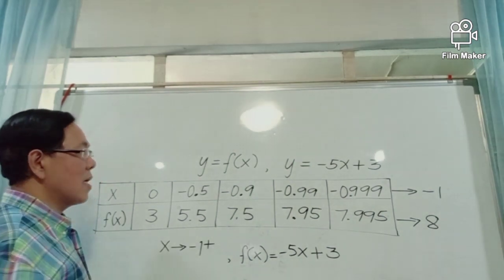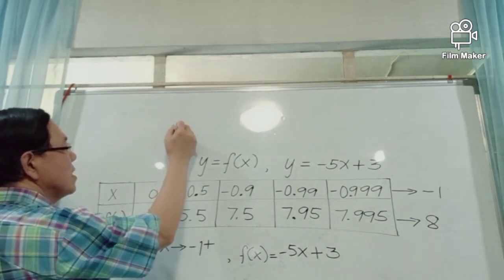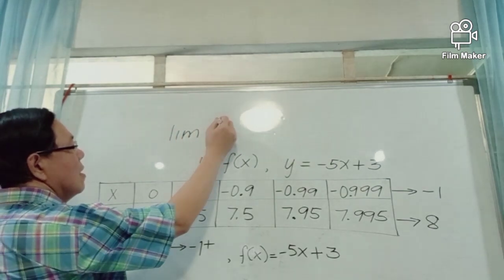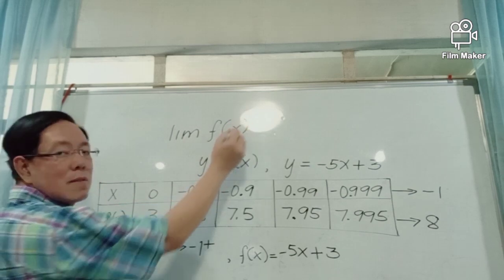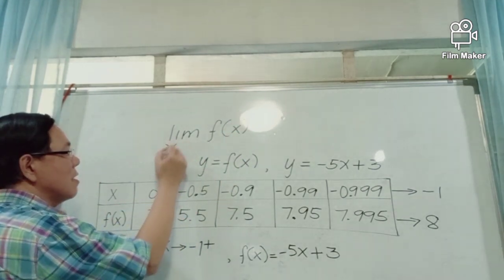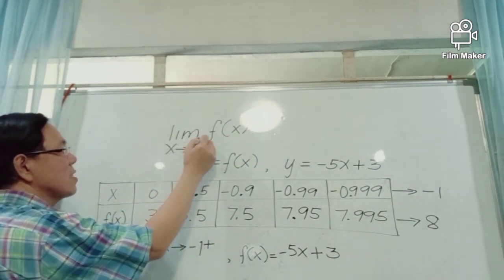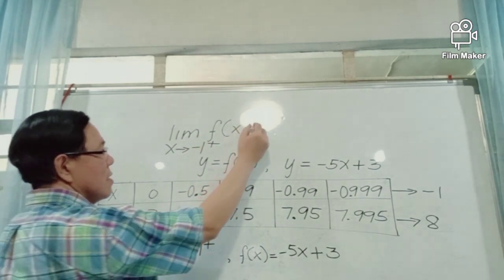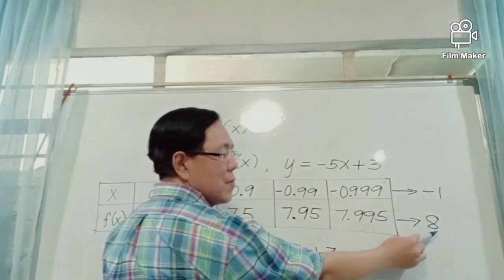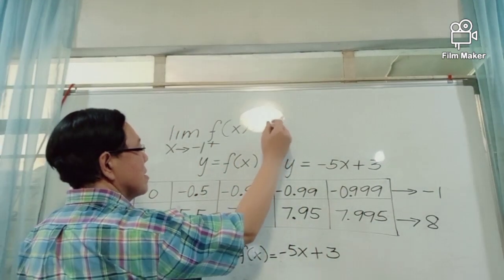In symbols, we write the limit of f of x as x approaches negative 1 from the right is equal to positive 8.